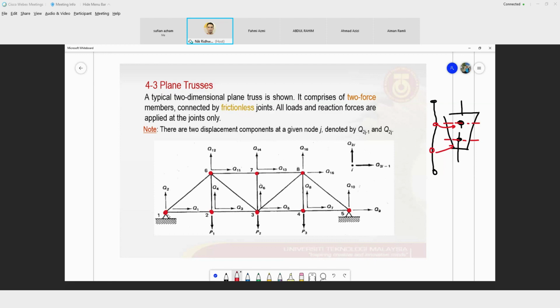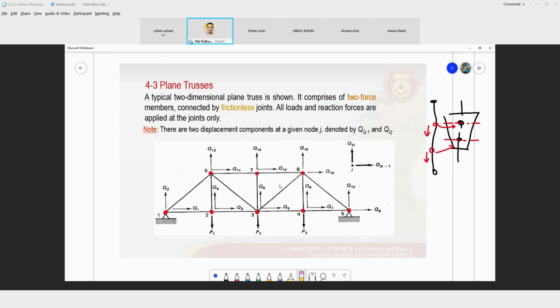And then it's mentioned here, untuk plane trusses, kita punya problem dah expand kepada 2D problem. Sebelum ni 1D. So all the loads are acting in one direction. Dia ke atas ke bawah tapi dalam arah yang sama saja. Dalam satu dimension saja. Dia punya displacement pun in one dimension saja. Dia tak akan ada displacement pada arah ke kiri ataupun ke kanan masa kita buat 1D bar problem.